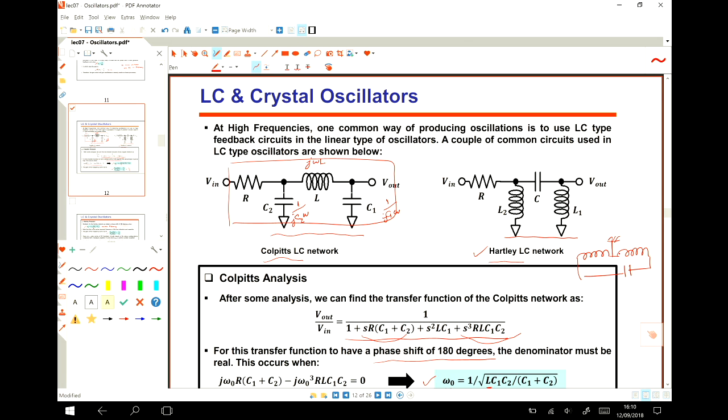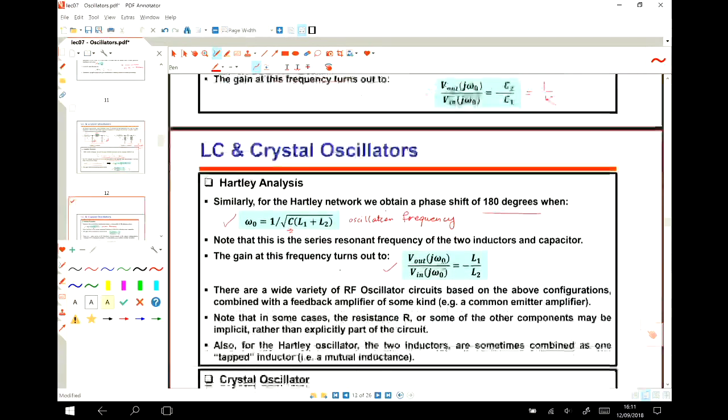So usually we use a transformer, and by moving the position of this rail here, you can change the value of L2 over L1, okay, by tuning that rail. And then this capacitor C, you have to select for the resonant frequency.